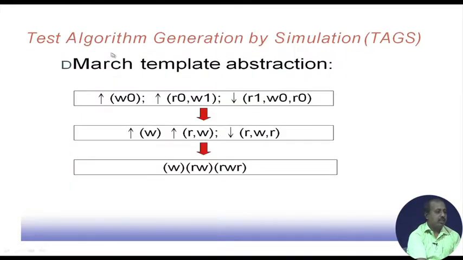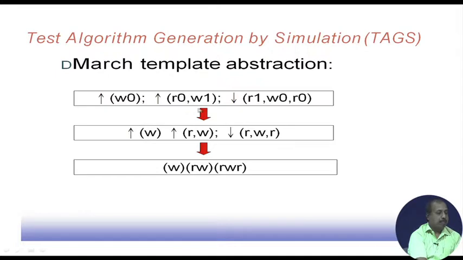There is an approach known as Test Generation Algorithm by Simulation, or TAGS. What it does, first of all, is that the March templates that we have are abstracted. In this particular sequence, whether it is write 0 or read 0 is not a big matter, but what matters is that it is a write operation and it is a read operation.